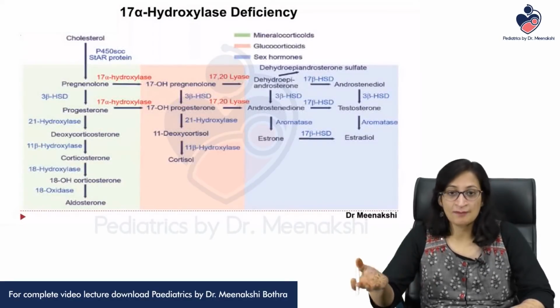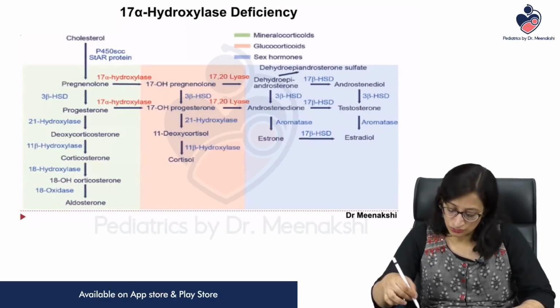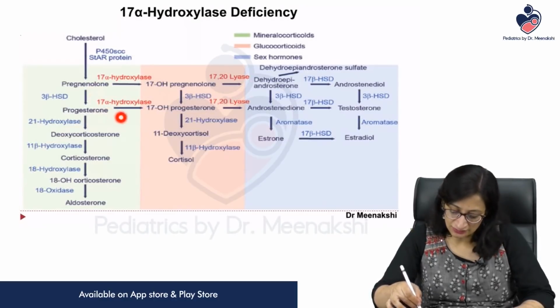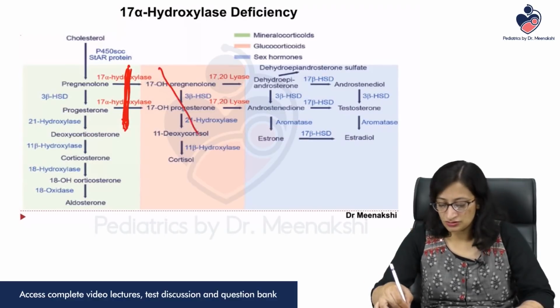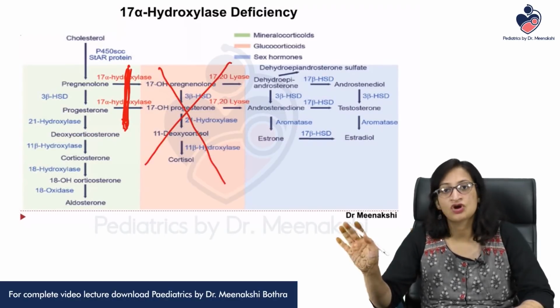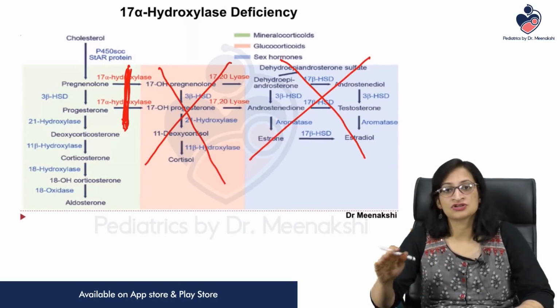Now let us see what happens in 17-alpha hydroxylase deficiency. So where is the 17-alpha hydroxylase enzyme? Here. So the defect is here. What will happen? The glucocorticoid pathway is not functional. Sex steroid pathway not functional.